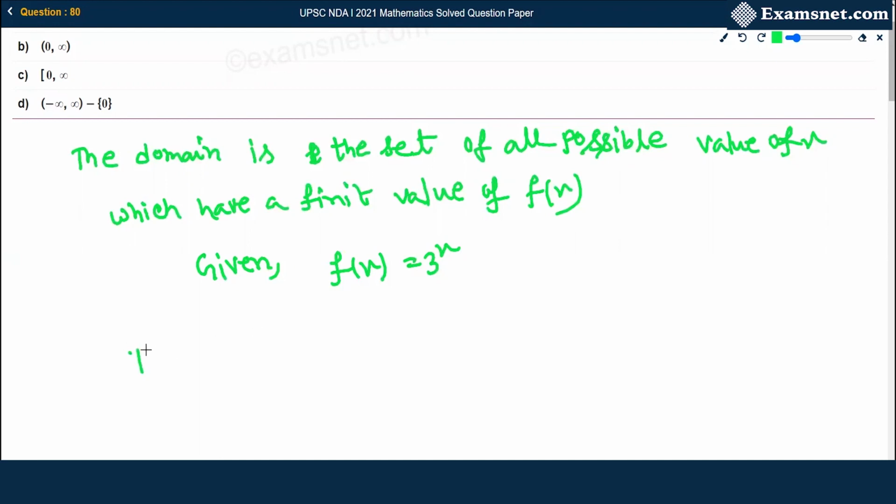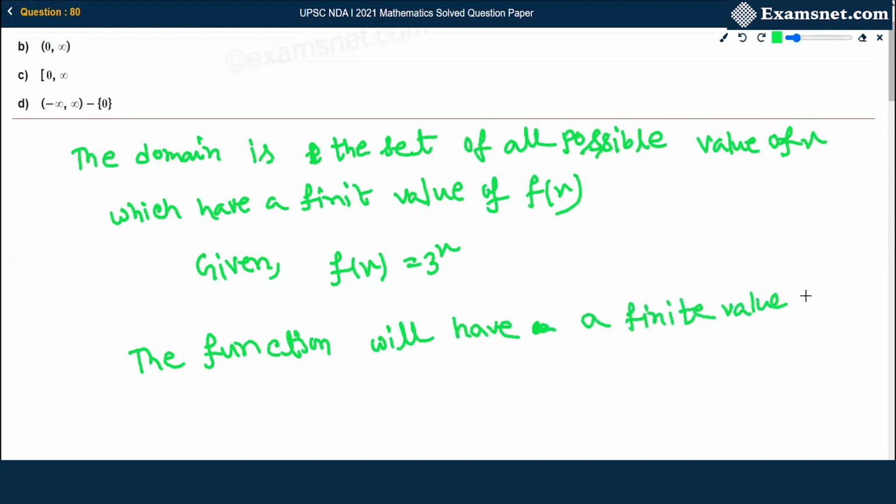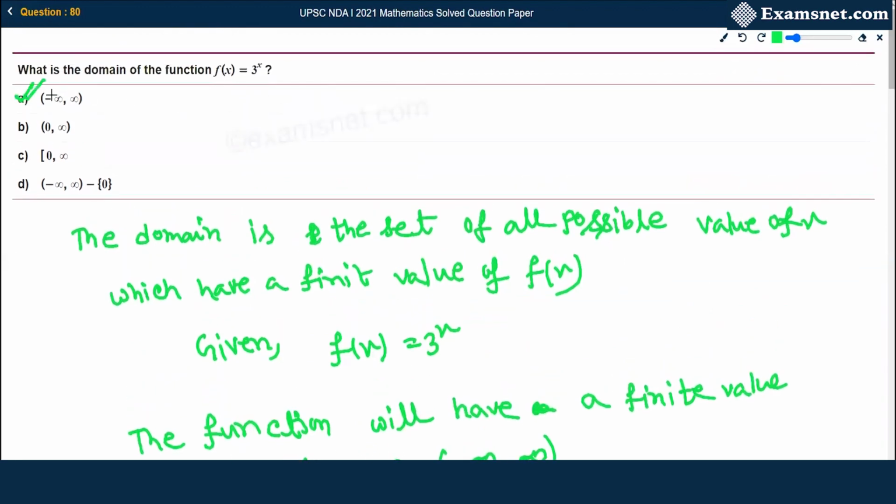The function will have a finite value for all x belongs to minus infinity to positive infinity. This 3 to the power x will have a finite value for all x that belongs to minus infinity to positive infinity. So here option A is the correct answer.